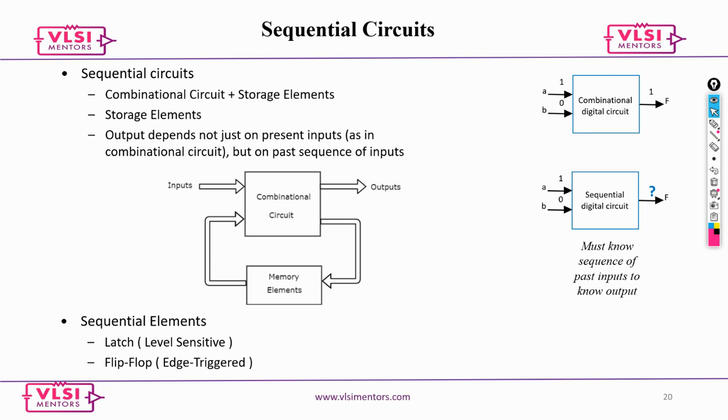Whatever we saw in the last class and prior to that was mainly combinational circuits, how we use them, why it is very important to optimize those circuits, and what the basic building blocks are. Today we will look at sequential circuits, which are more and more important. Without sequential circuits you will not see any kind of design in the industry.